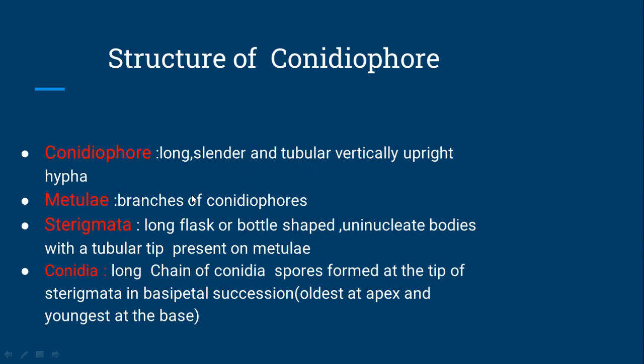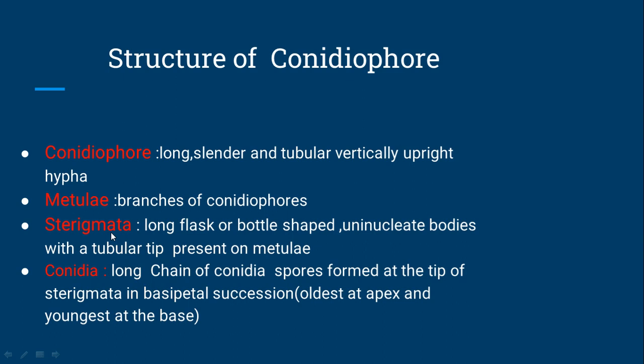The ultimate branches of the conidiophores are called metulae. Each metula bears a long flask or bottle-shaped structure, which is a uninucleate body with a tubular tip, and these are called stigmata.